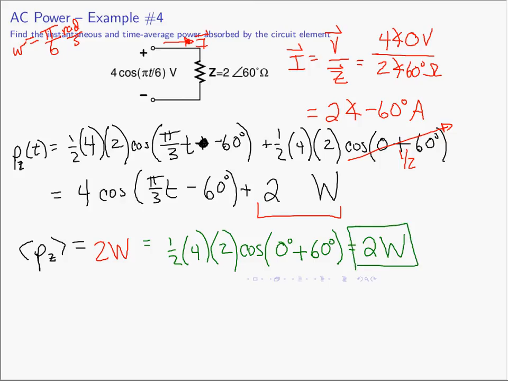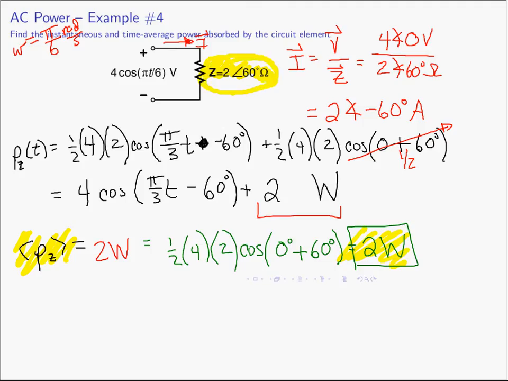So this particular load is 2 angle 60, so this is actually in quadrant 1. That could be represented by a resistor and an inductor, and we know from our previous discussion the inductor doesn't absorb any time average power, so this 2 watts comes from the resistance part of this impedance up in quadrant 1.